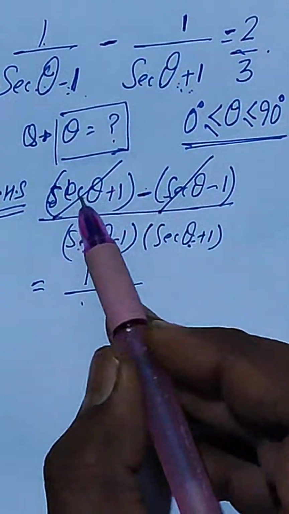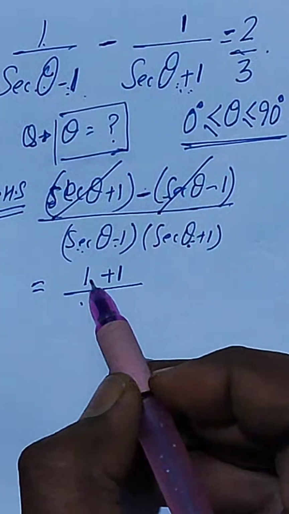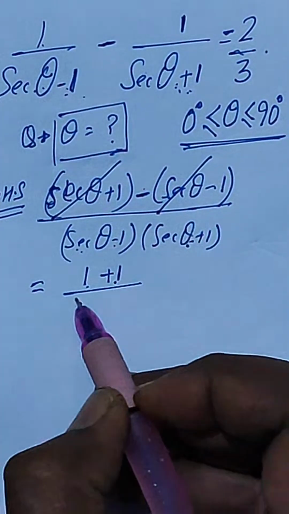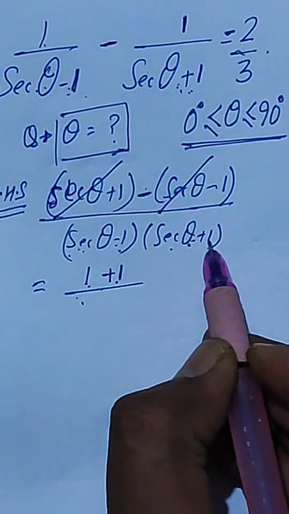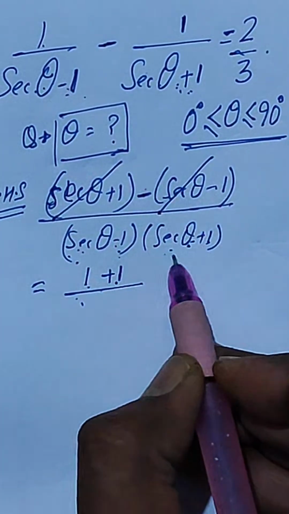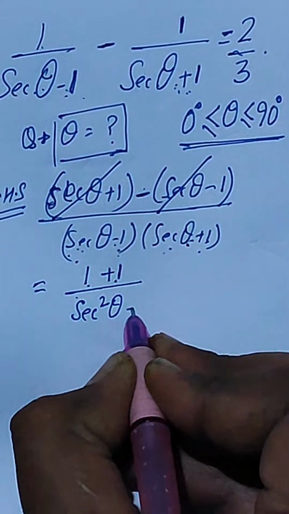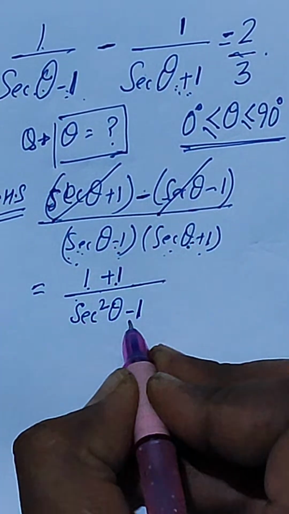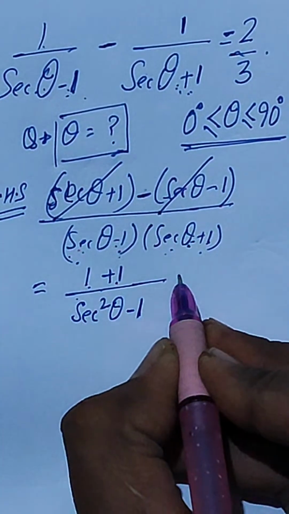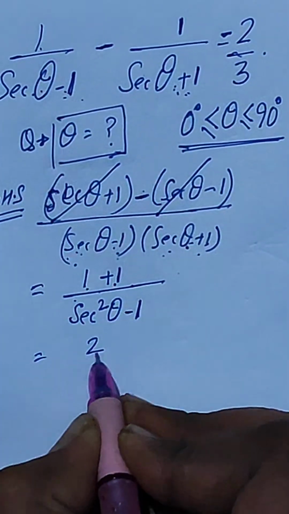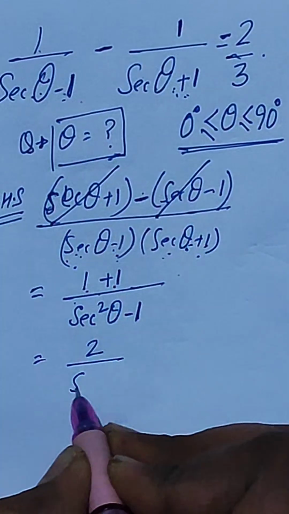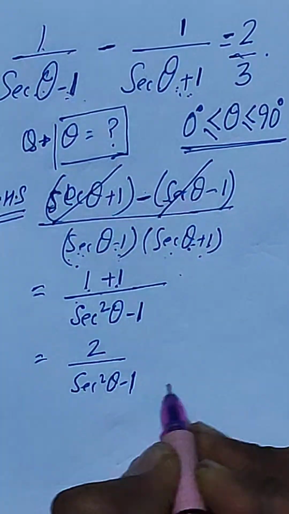So here you can see sec will be cancelled, and in the numerator we have 1 plus 1 divided by sec theta minus 1 into sec theta plus 1, in the form of a minus b into a plus b. It will be a square minus b square. So we can write it as sec square theta minus 1, isn't it? So this will be equal to 2 by sec square theta minus 1, right?